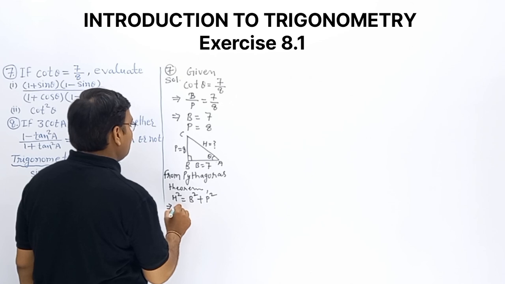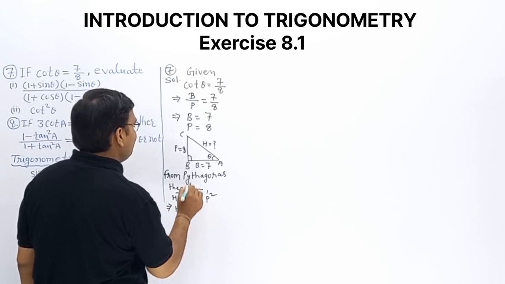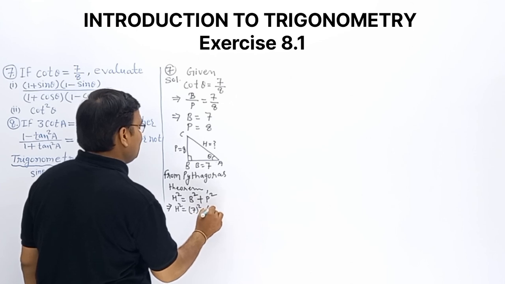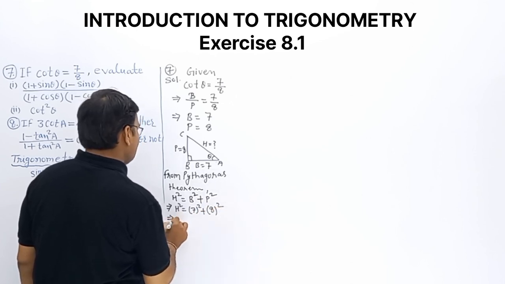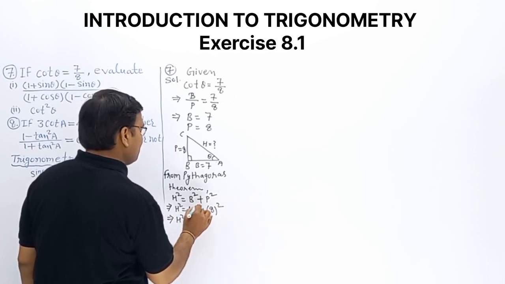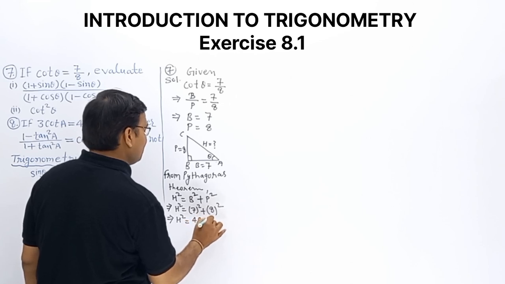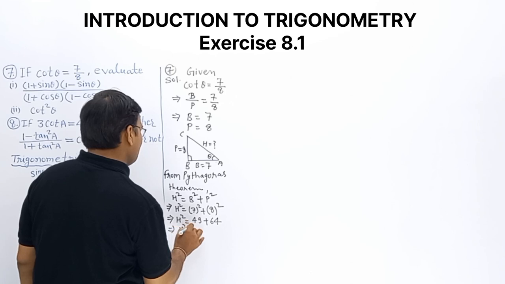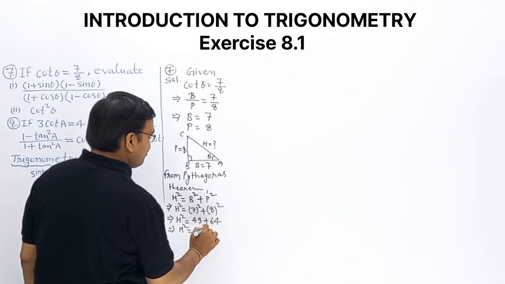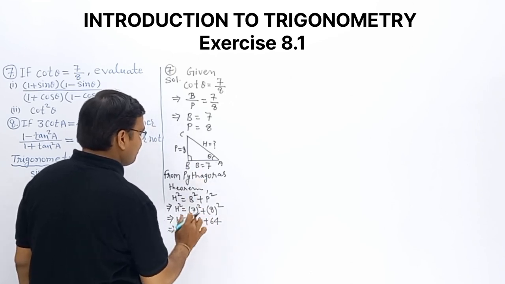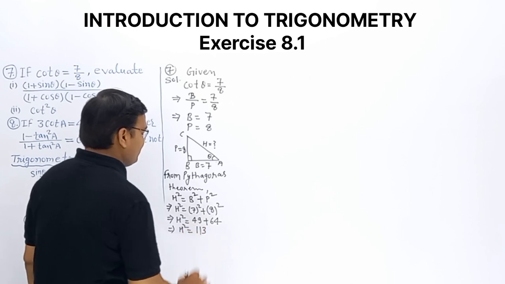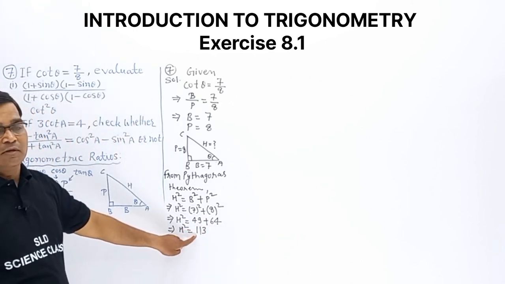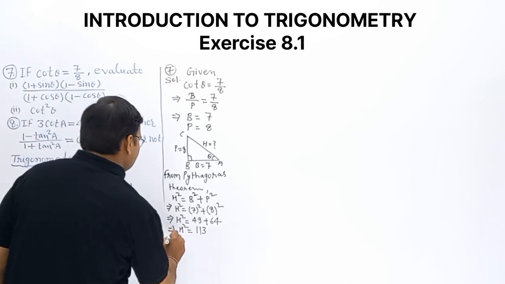So h square will be base, 7 square, plus perpendicular, 8 square. So h square equal to 7 square, which is 49, plus 8 square, which is 64. Adding both, h square equal to 113.